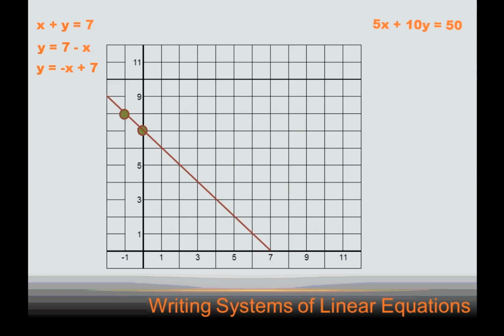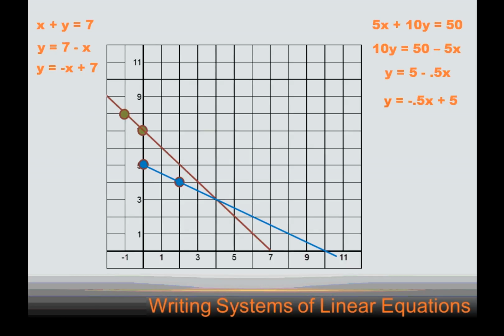There was another equation we had. We had $5 times the number of $5 bills plus $10 times the number of $10 bills equals $50. Well, I can also rewrite that expression and put it into slope-intercept form, and I get y equals minus 0.5x plus 5. I know what the y-intercept is, and I know what the slope is, so I can draw that line as well.